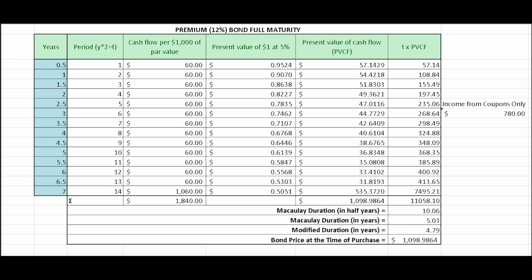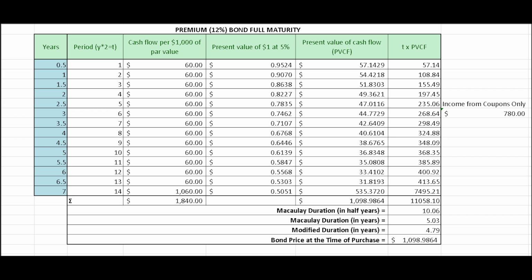You get $639 on top of what you paid for with a discount bond. With a par bond, you get $700 on top of what you paid for, which is $1,000, and with a premium bond, you get, I'm sorry, about $1,700 and something dollars on top of what you paid for. A little more than a par.